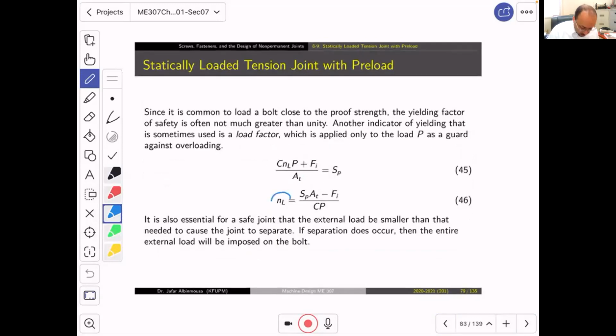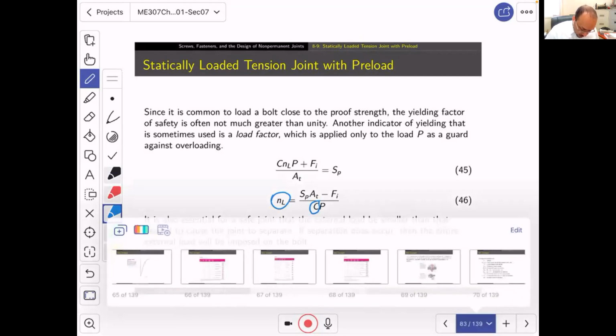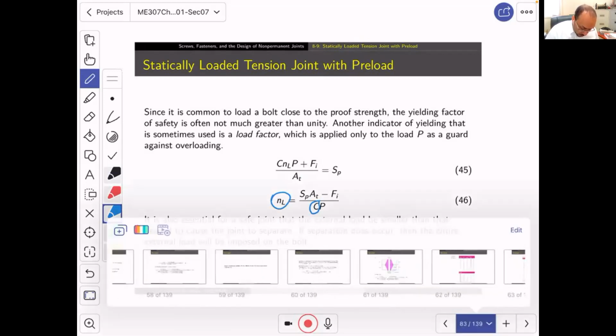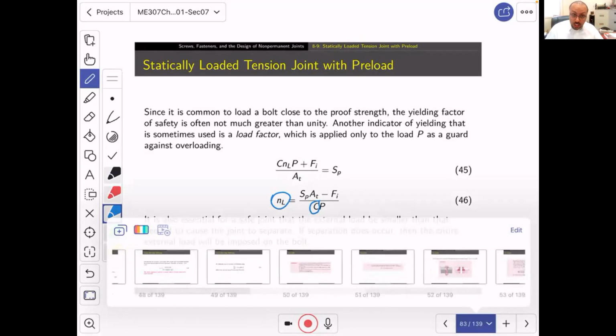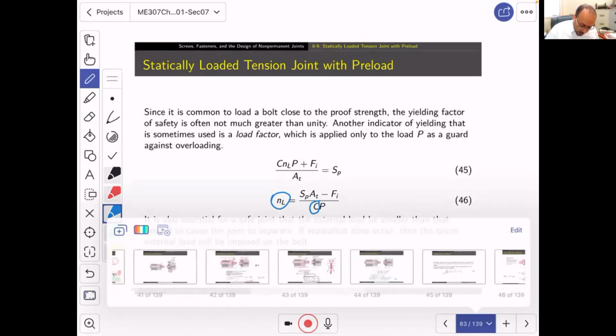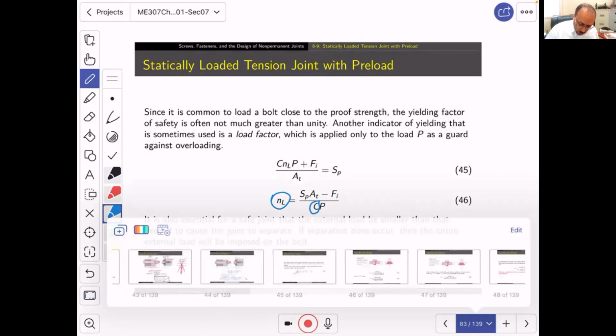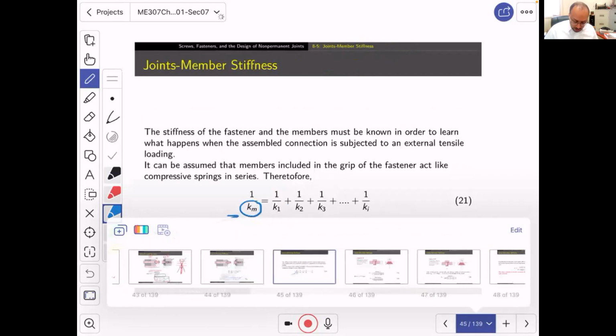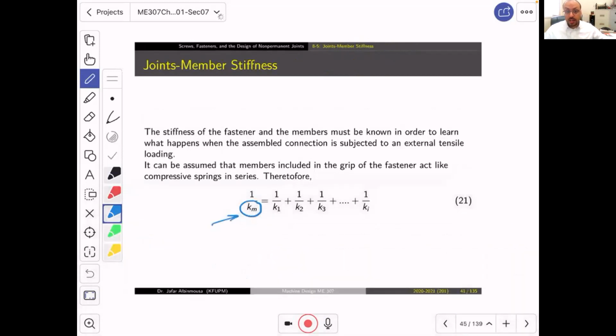Look, there is another factor, and there is C again. So all of the story that we will have here is going to help us find this constant C, which will later be used to analyze the health of the entire joint.